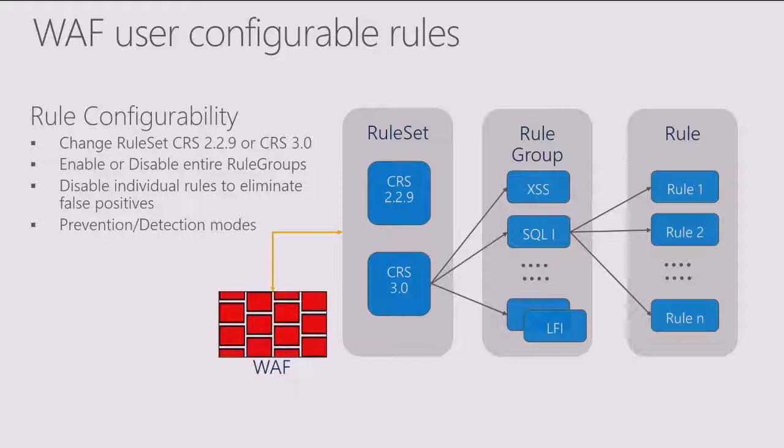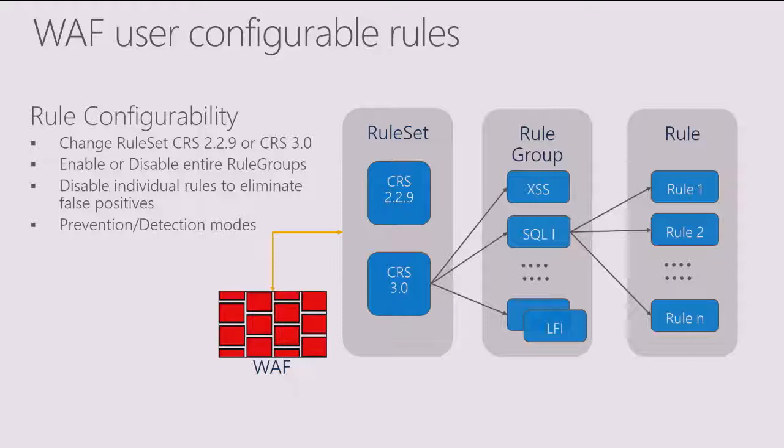And each of these rule groups is in itself composed of many different rules. There are probably 30 or 40 rules in many of these rule groups. And what we have observed based on feedback is that sometimes a specific rule is causing a false positive for the customers, and they want to turn that specific rule off. So now we allow that.